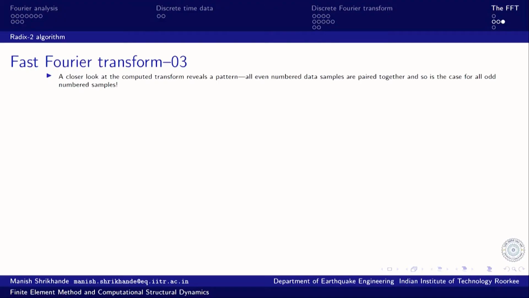So, a closer look at the computed transform reveals a pattern. All even numbered data samples are paired together, and so is the case for all odd numbered samples. And therein lies the key for efficient implementation of the FFT algorithm by using what is known as a divide and conquer strategy.